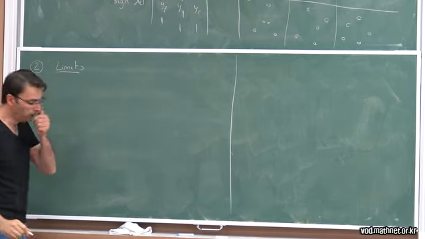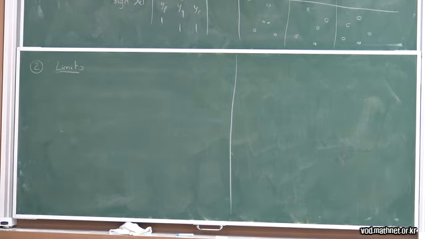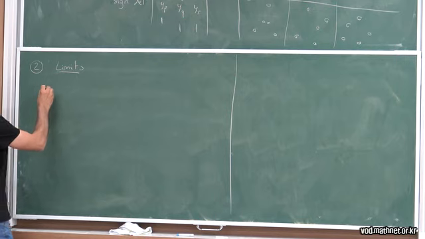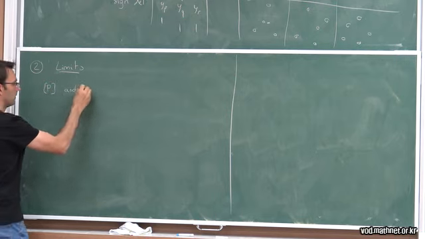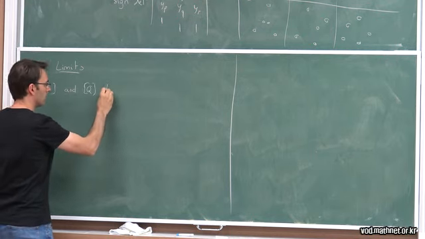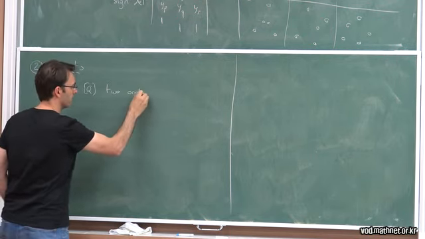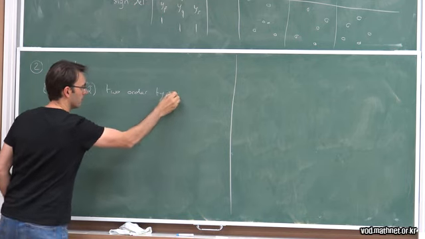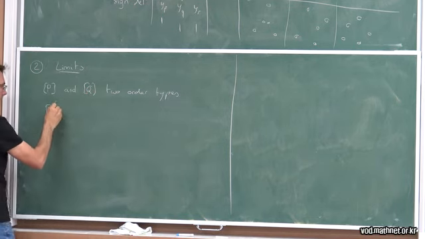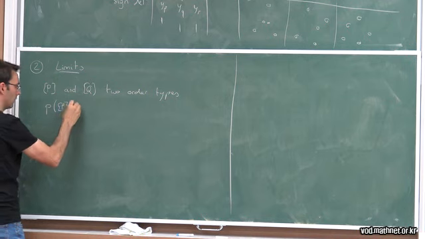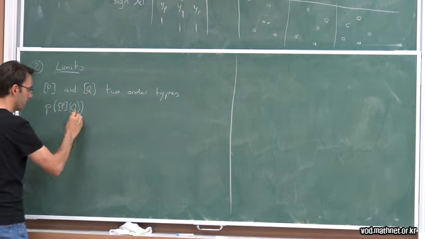Okay. So to define limits, a natural way is to first define what is the density of an order type in another order type. Take P and Q, two order types, and let me define P of PQ.